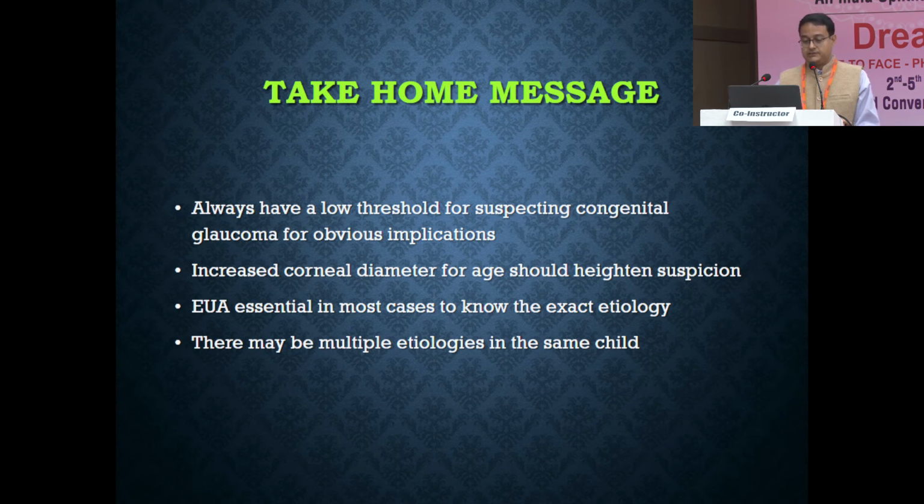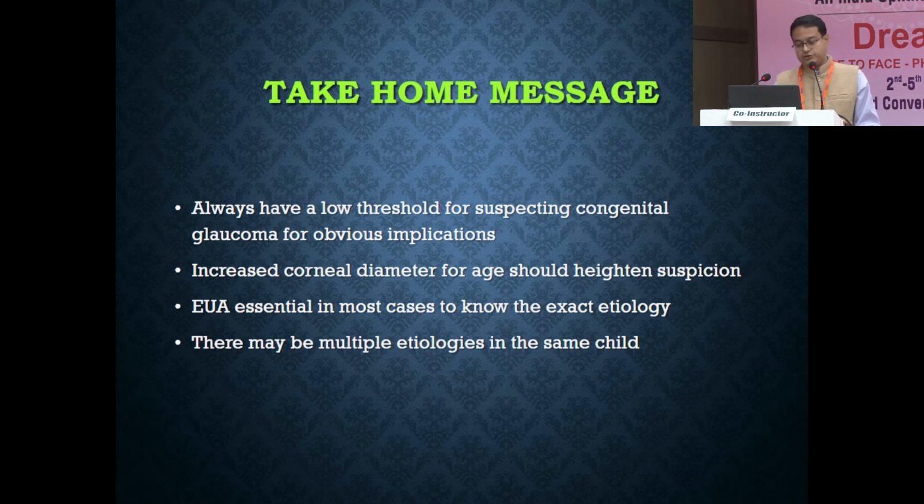Sometimes parents think that the large size of the eyes may be a sign of beauty, but we should be skeptical, and there should be a high index of suspicion whenever we find a child with enlarged corneal diameter, and if necessary, we should do EUA for these children.